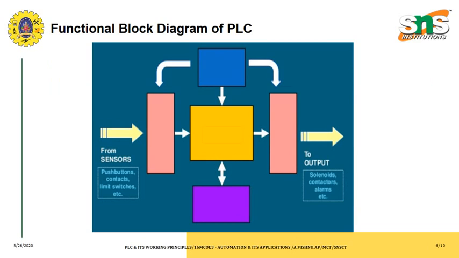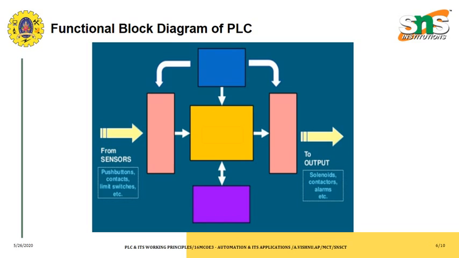And there we are seeing a functional block diagram of the PLC. Yes, this functional block diagram consists of 5 major blocks. These 5 major blocks play a vital role in a PLC while doing any kind of automation. As you have seen, in automation we have to read the input or read the scenario, whatever is happening around it.